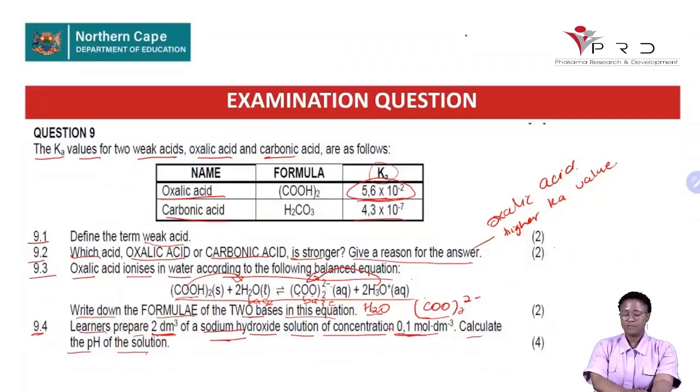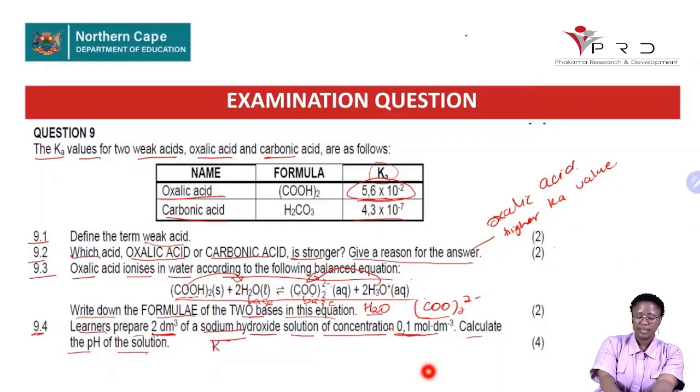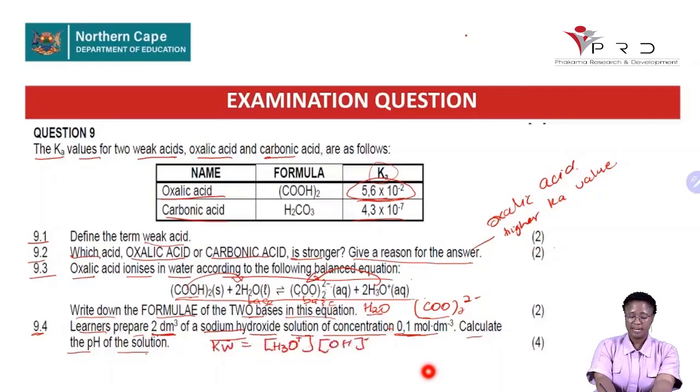All right. So the first thing that we are going to do is to go to Kw. Kw is equal to the concentration of hydronium ions multiplied by the concentration of OH minus, remember. Now remember, the value of Kw is 1 times 10 to the power negative 14. Remember we are calculating the pH.